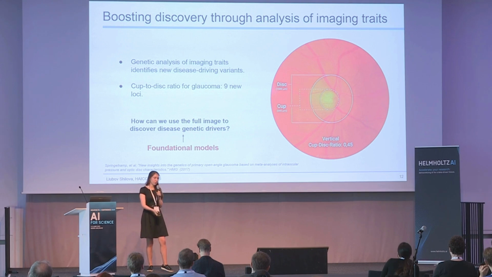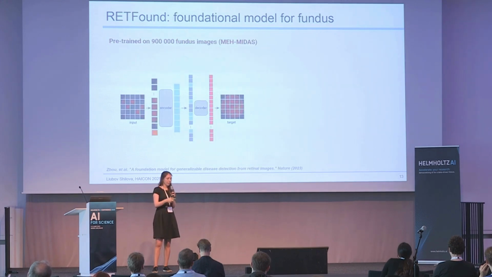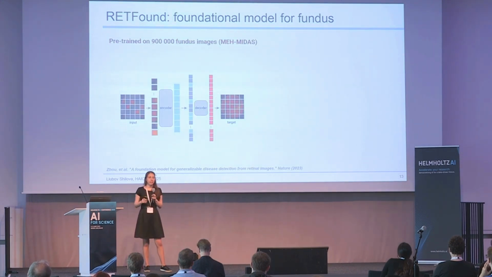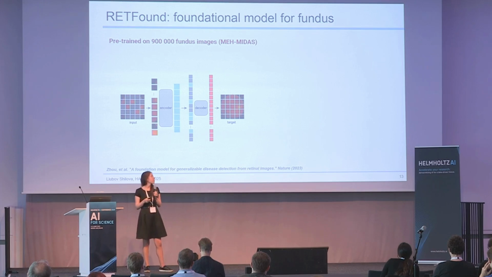And of course, foundational models are a great opportunity here because they allow you to capture rich and high-dimensional representation of the image in an unbiased way. In ophthalmology, a great example is RedFound. It is a model that was pre-trained on almost 1 million fundus images, with encoder and decoder parts being represented with visual transformers.